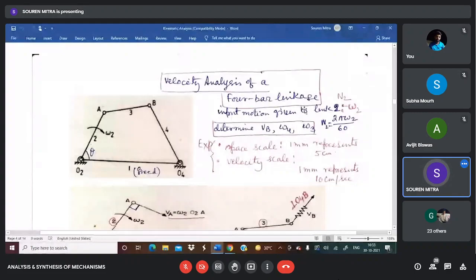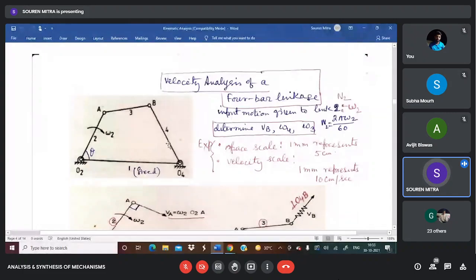Input motion given is, say, n2 given to link 2. If n2 is given, we can determine the value of omega 2. Through this velocity analysis, we have to determine the velocity at B, omega 4, the angular velocity of link 4, and omega 3, the angular velocity of link 3.